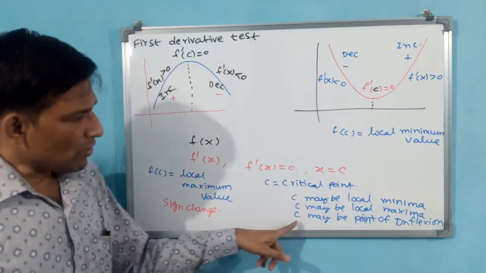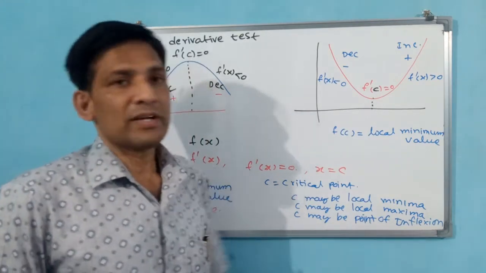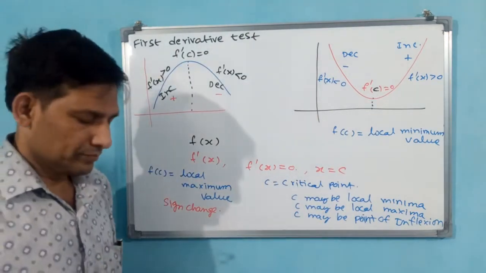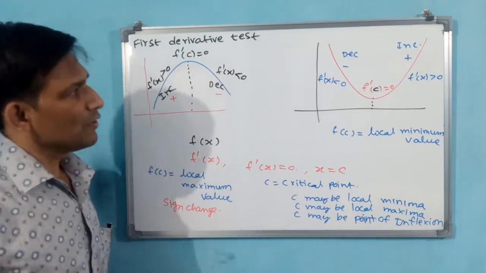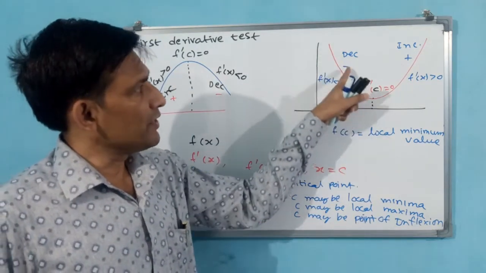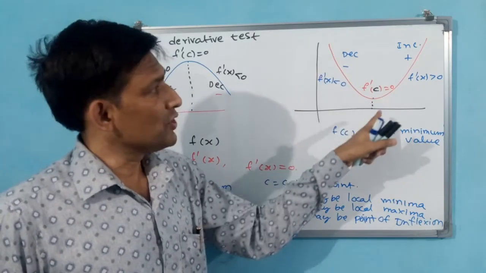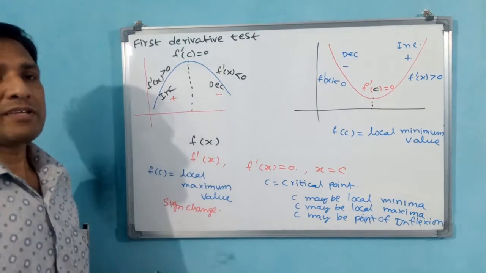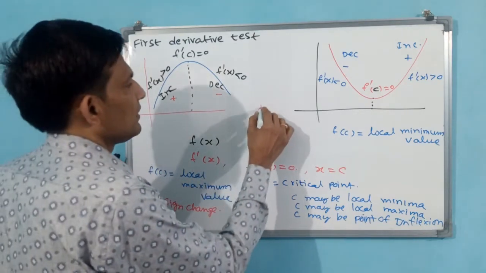We have not yet gone to the point of inflection. Here we are doing the derivative. We know that on the negative side, negative will come, decreasing, changing, increasing, then positive will come. But what if the function is not differentiable?